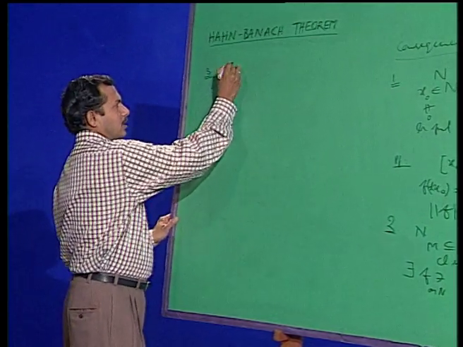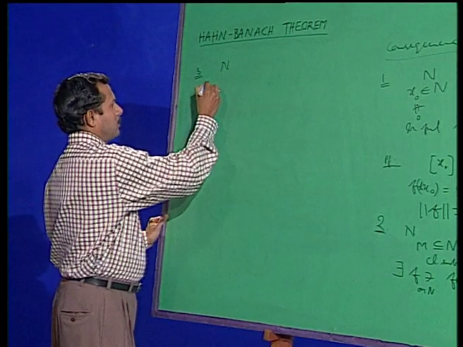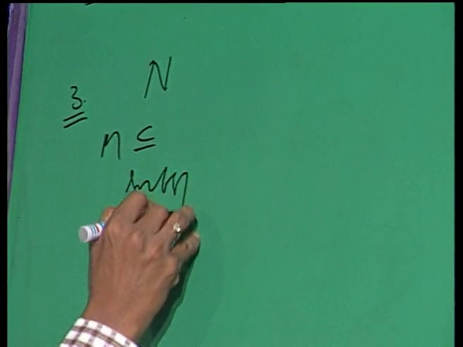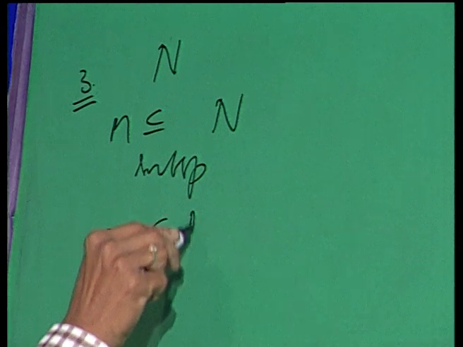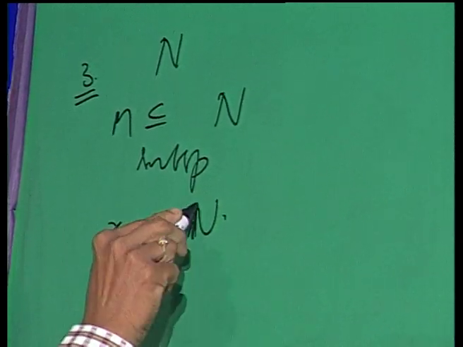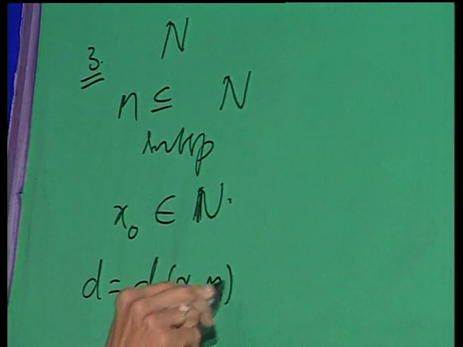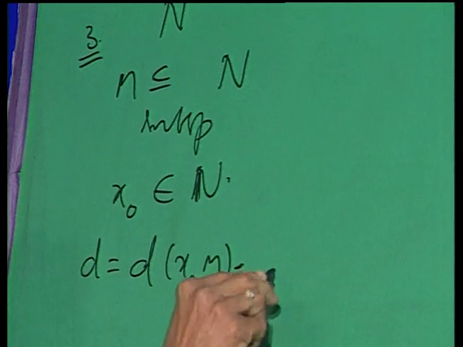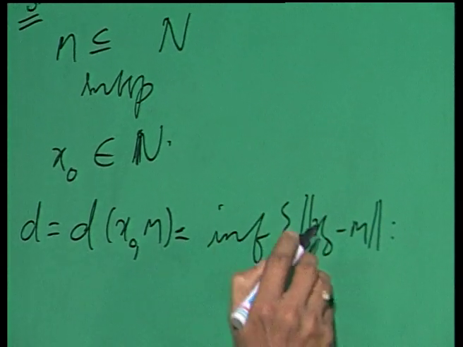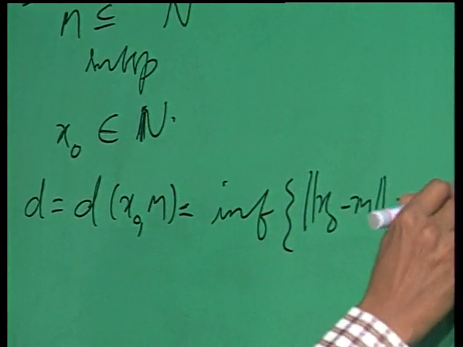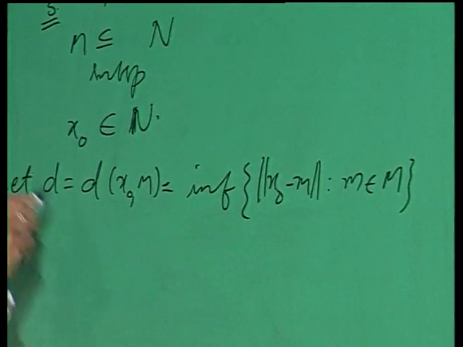Again we take N to be a normed linear space over the set of real numbers or complex numbers, and M is a subspace of N, and say x naught is coming from the space N. Then let us define d of x naught comma M to be the distance between x naught and M, that is, the infimum of the norm of x naught minus m, such that m comes from M. Let us say this is positive.